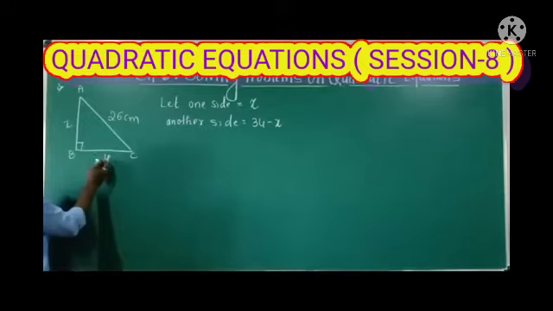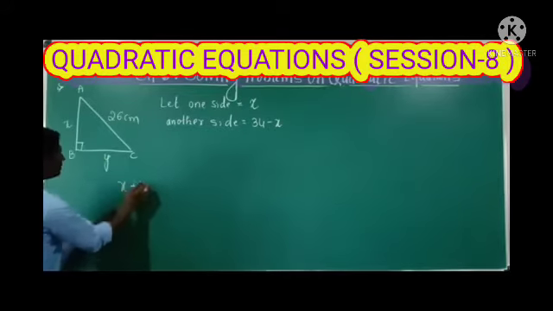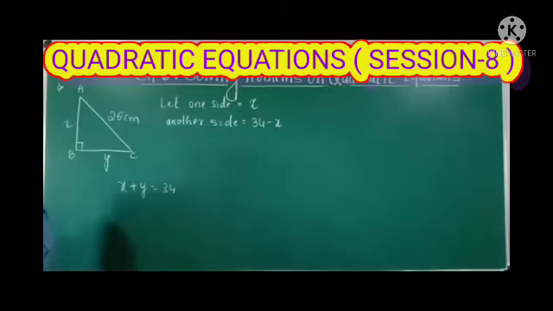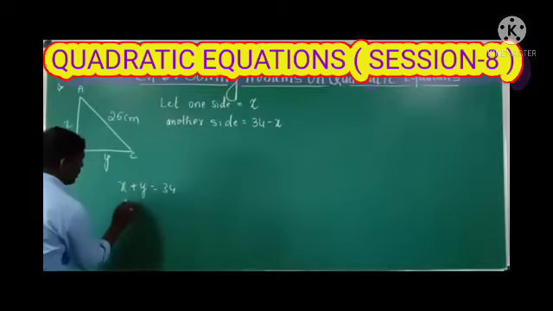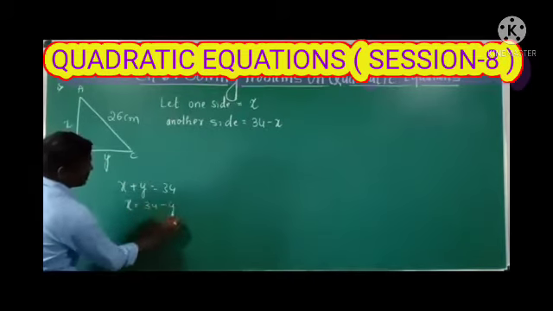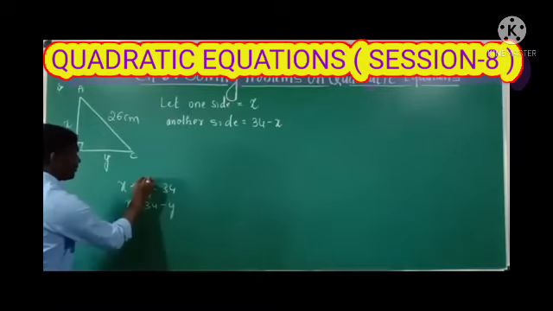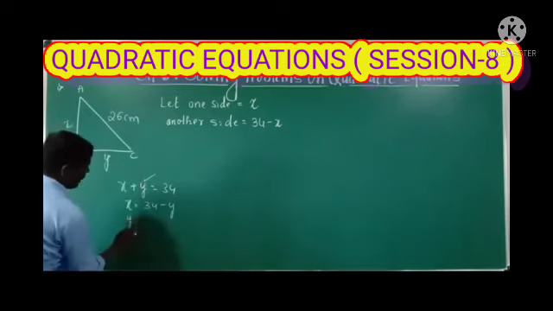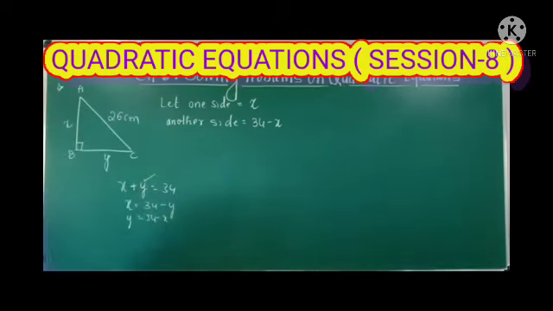Just consider this one as Y, means X plus Y is equal to 34 centimeter. If I need the X value only, it is 34 minus Y. If I need the Y value, the length of the side BC, then Y is equal to 34 minus X. Okay. So one side is X and another side is 34 minus X.